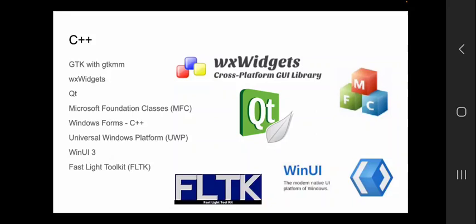So if you use it in Windows, Mac, or Linux, you'll probably get the look and feel of your GUI to be more native than in most of the other programming languages. It's something that they mention in their website as well. And you can see it's a cross-platform GUI library.